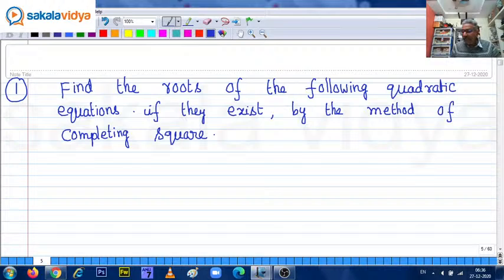So this is a very important problem. It is a 4 marks question in the examination.